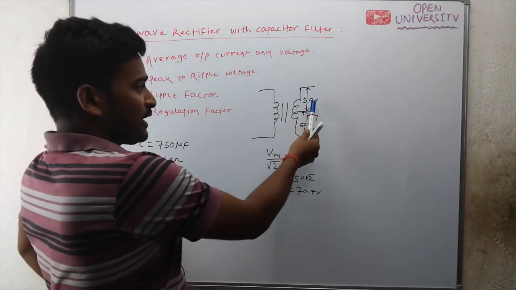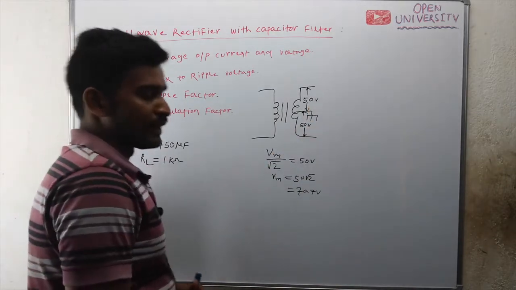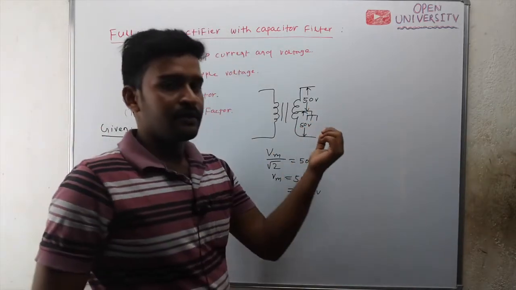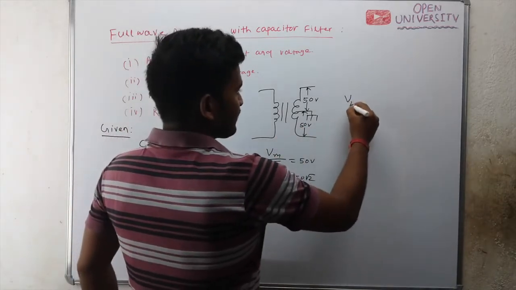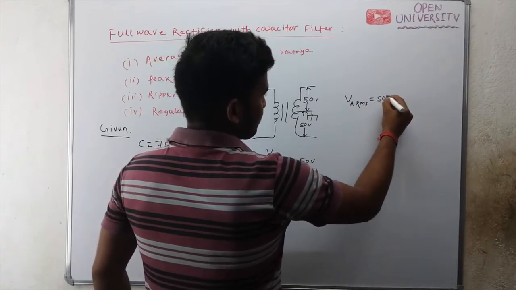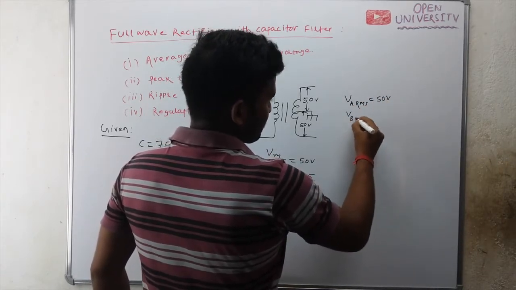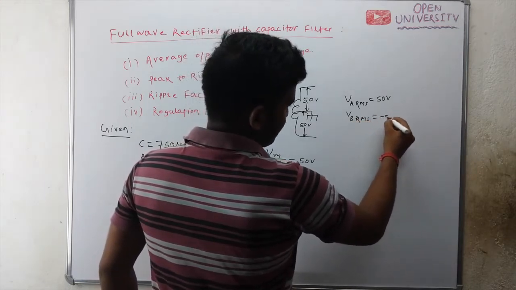The RMS value of VA is 50 volt, and the RMS value of VB is minus 50 volt.